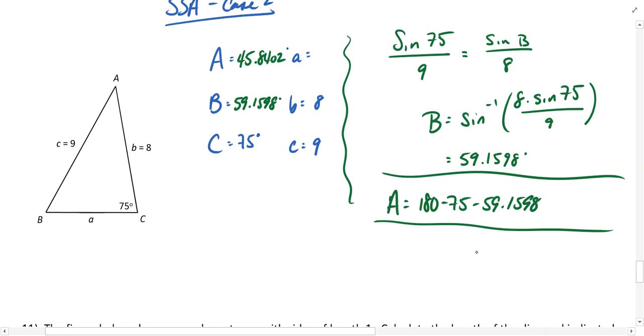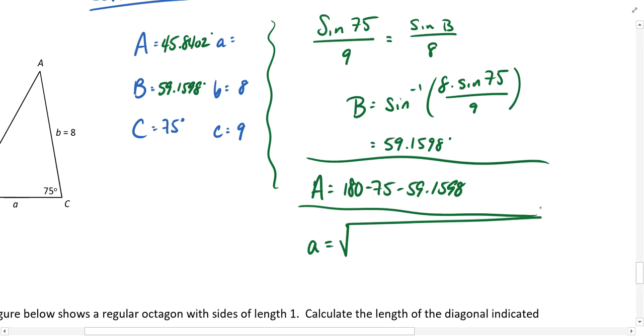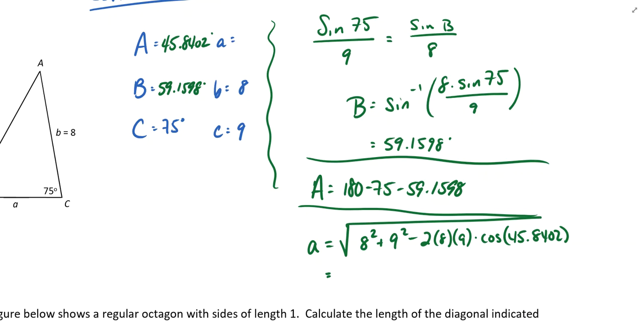And then finally, to obtain side length A, don't get distracted or complacent here. This is not a right triangle, so we cannot use the Pythagorean equation. Instead, you'll have to use the law of sines or the law of cosines, something like that, to solve. Now, we could set up the law of sines, but just to illustrate the ability to transition, I'll go ahead and use the law of cosines this time.